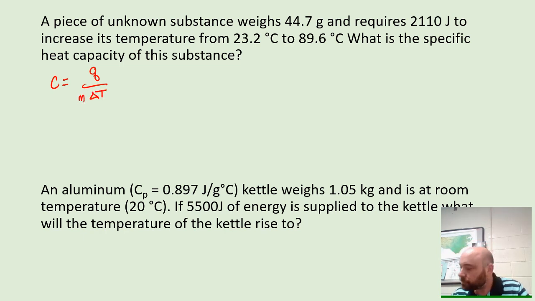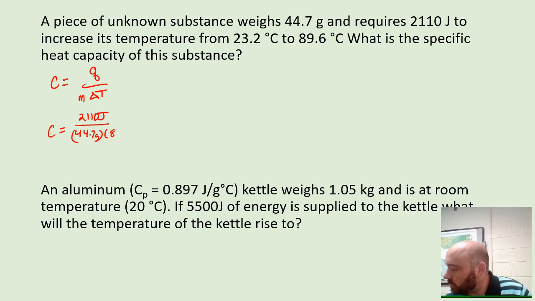So C is therefore going to be equal to 2110 joules divided by 44.7 grams times 89.6 minus 23.2 degrees Celsius.